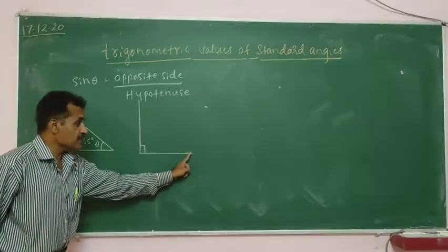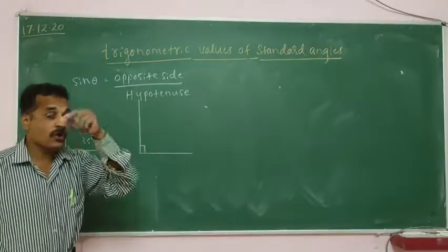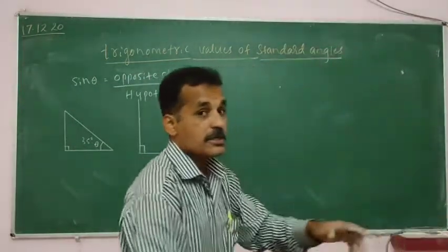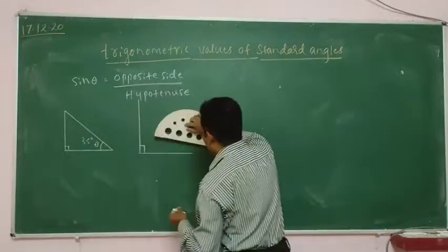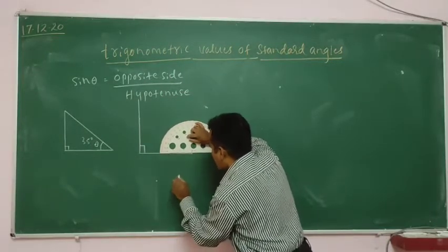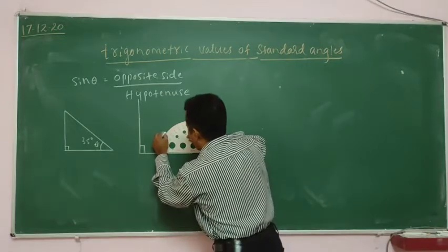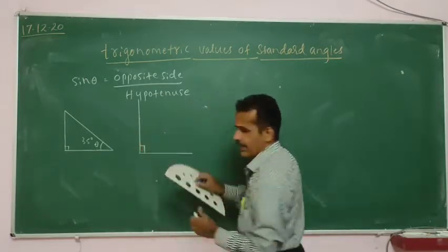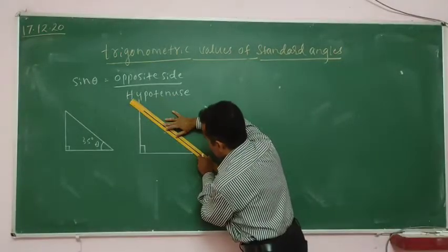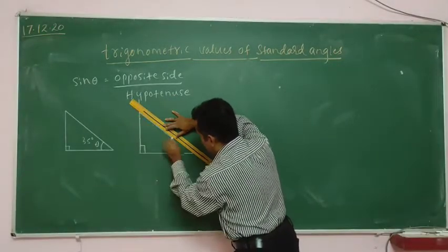Now, the important thing is from this point, you have to make an angle of 35 degrees. Very important because you have to find the trigonometric values of 35 degrees. So, from this point, I will mark 35 degree and I will join it.